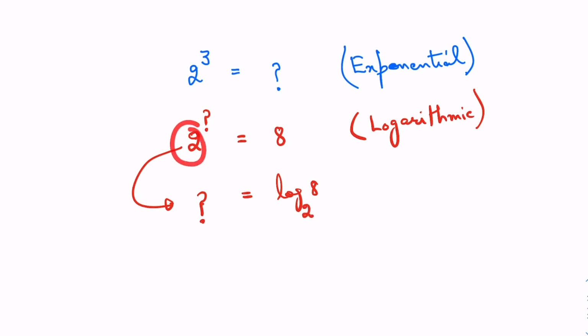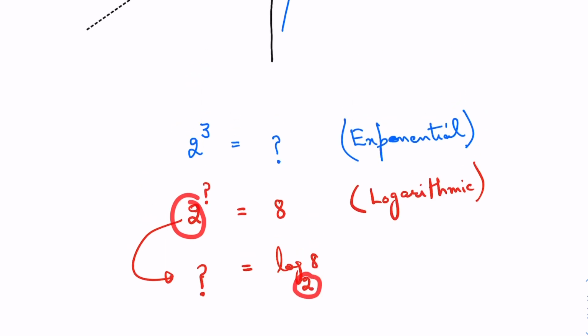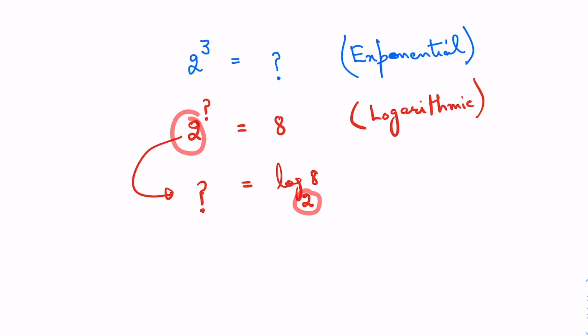The base is retained here, as I mentioned earlier, and this is the input. In this case, the input goes here, and the expected output goes here. So this is the basic idea of logarithms.